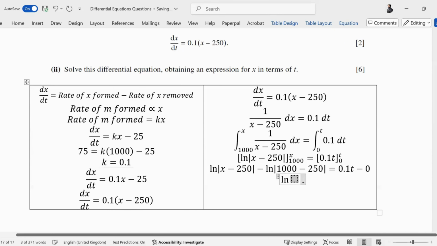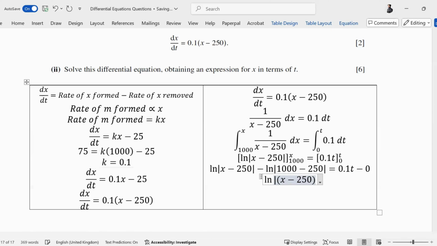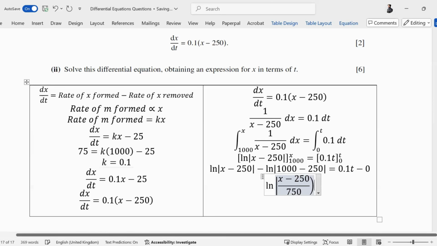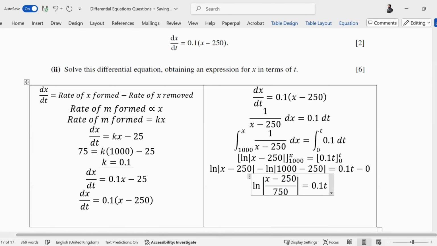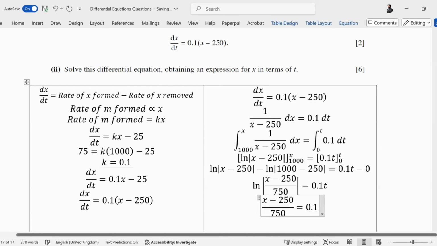The logs are subtracting, so their inputs can be divided. ln of x minus 250 upon 750 is 0.1 t. When I remove the log, x minus 250 upon 750 is e to the power 0.1 t.